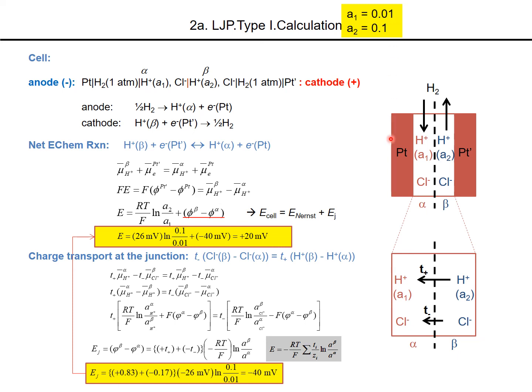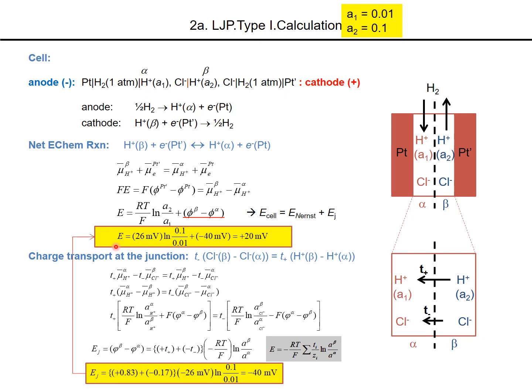I mean, the higher concentration is on the right side of the electrolyte, and the lower concentration of proton is on the left side of the semi-permeable membrane.